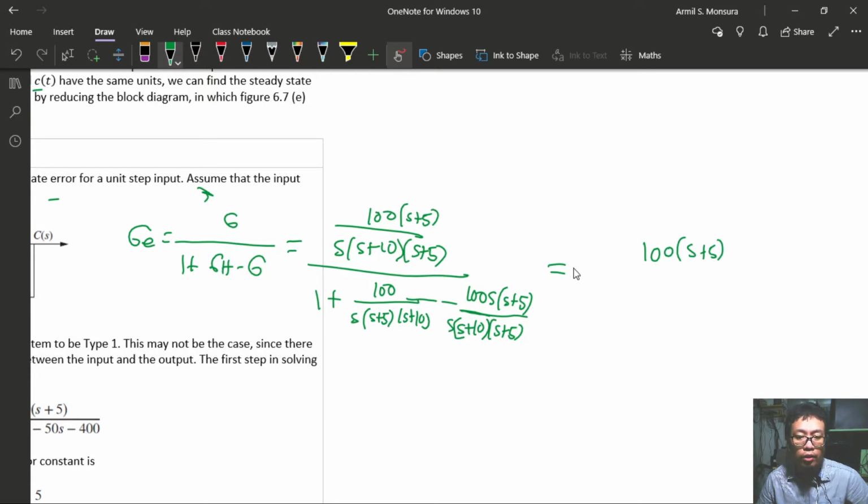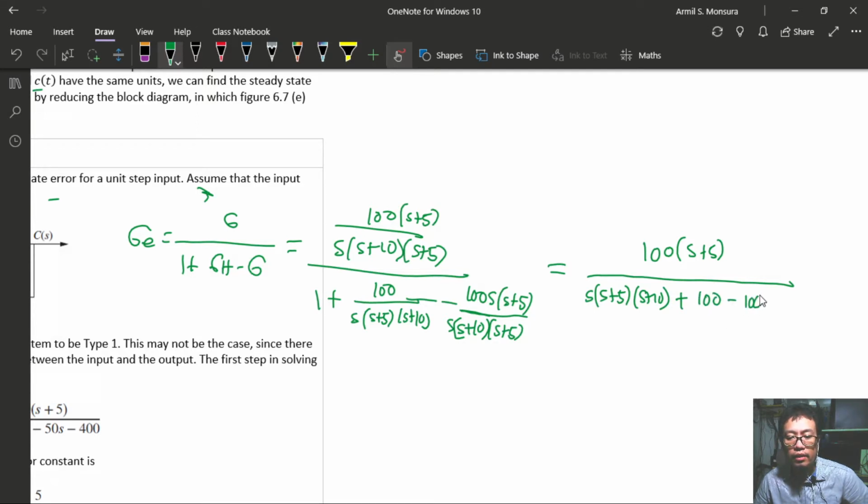Yan na yung magiging numerator nyo. Divided by, ito, mamultiply dito, so this becomes S times S plus 5 times S plus 10, plus 100, minus 100 times S plus 5. So yan yung magiging denominator ninyo.